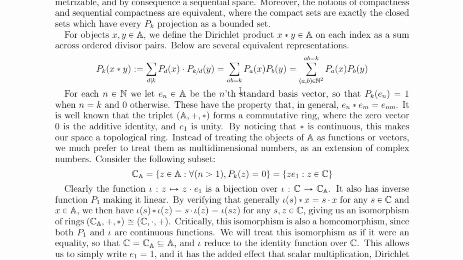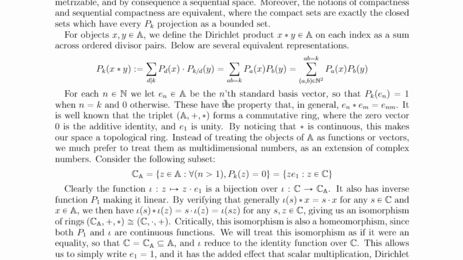It will stand for the nth standard basis vector. The projection onto the kth axis of e sub n is 1 if n equals k, otherwise it's 0. So it's the indicator for just the nth dimension: it'll be 1 on the nth dimension and 0 everywhere else. In that sense, we can think of it as a standard unit vector.